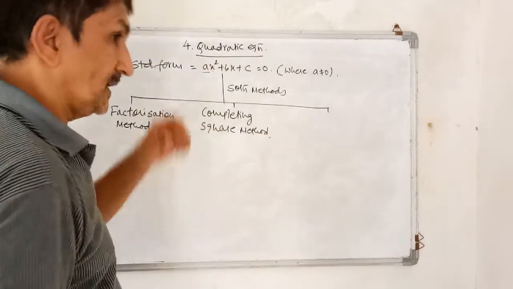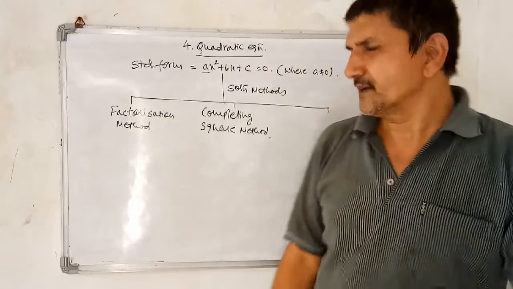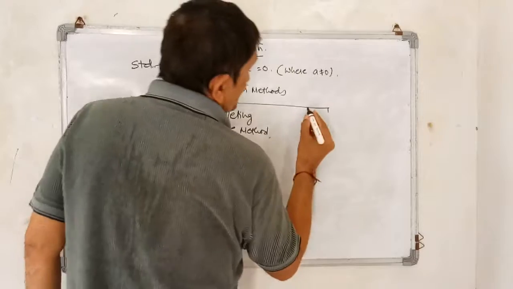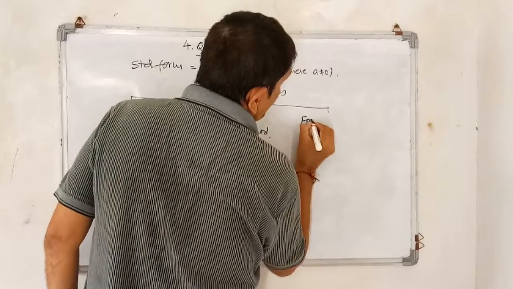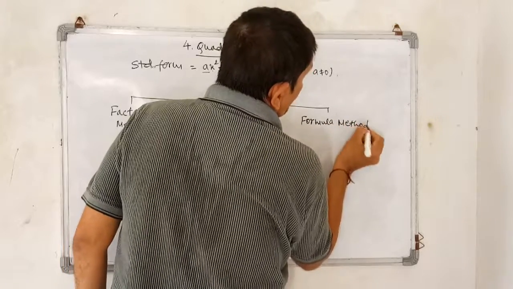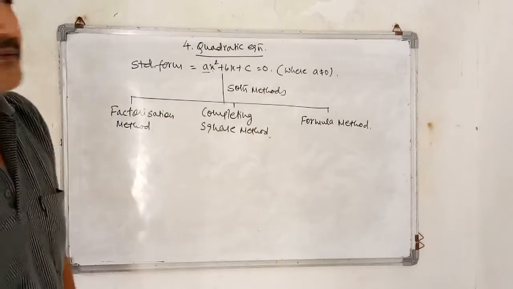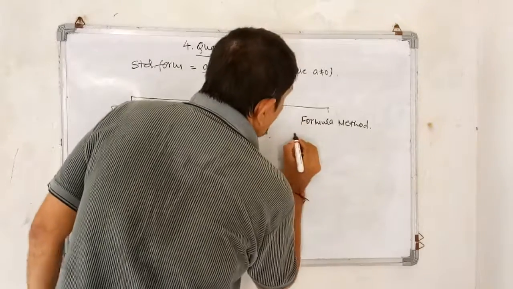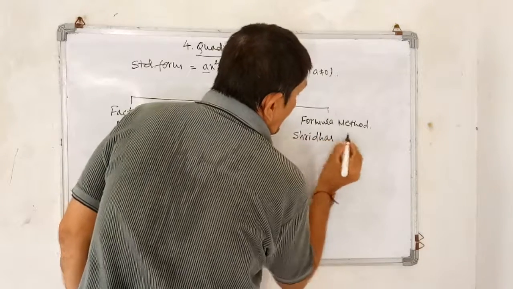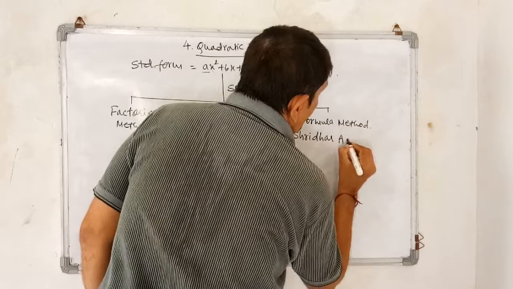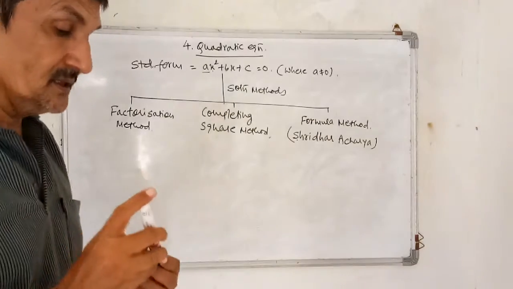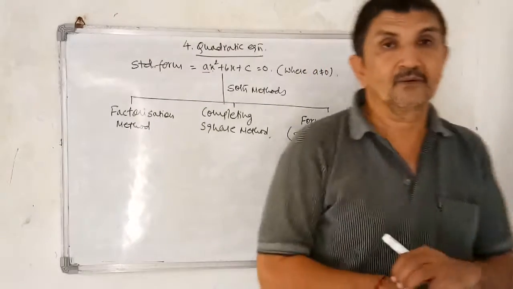This is also similar to factorization, but a little bit different, and it is the most complicated method. And third is considered the formula method. This method was developed by an Indian mathematician, Sridhar Acharya, so this is also considered the Sridhar Acharya method.